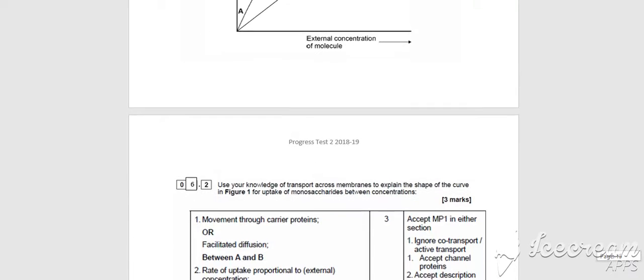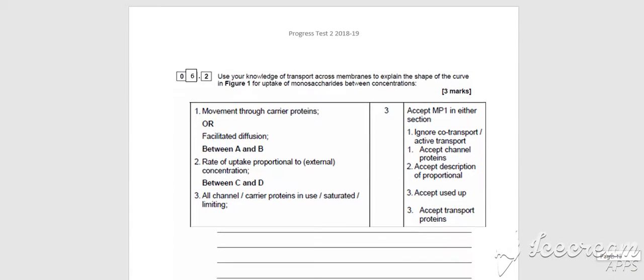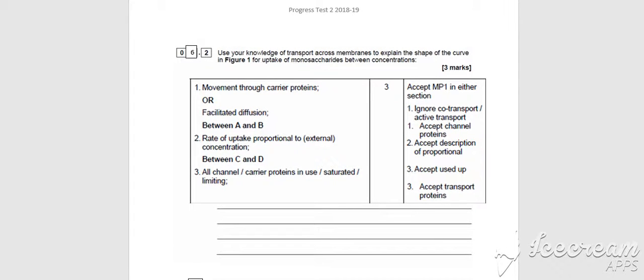So from the shape of that graph, we can conclude that the movement across the membrane is due to facilitated diffusion, and it is through a carrier protein.